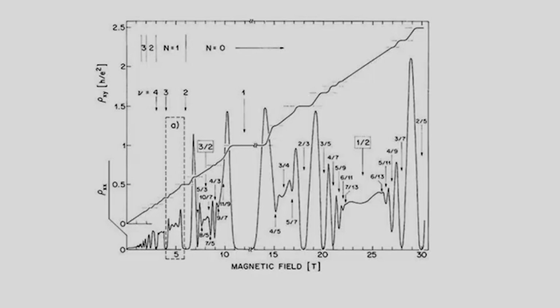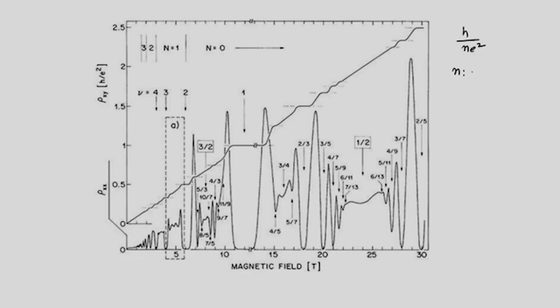The last slide that we show here is that later on there were three people, Laughlin, Stormer and Tsui. They showed that these resistivities do not occur only at integer values of h over n e square, where n is an integer.